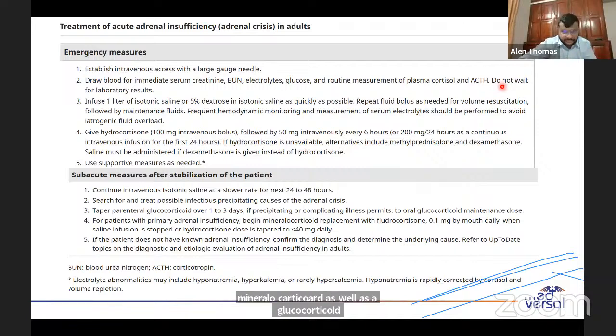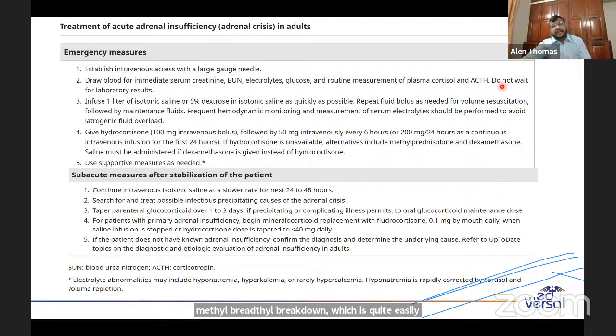Either you can give 100 mg stat followed by 50 mg every 6 hourly. And if that is unavailable, you can give methylprednisolone, which is quite easily available, or dexamethasone around 4 mg. Saline must be administered if dexamethasone is given instead of hydrocortisone, and use the supportive measures as required. These are the main emergency methods which have been advised.